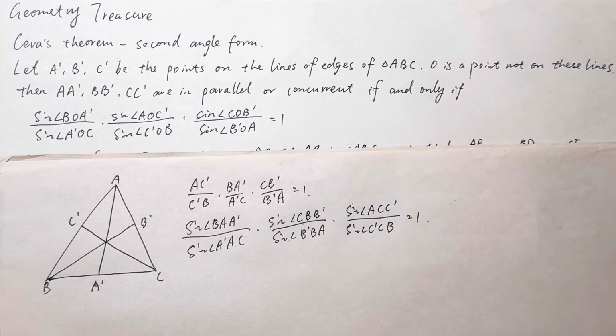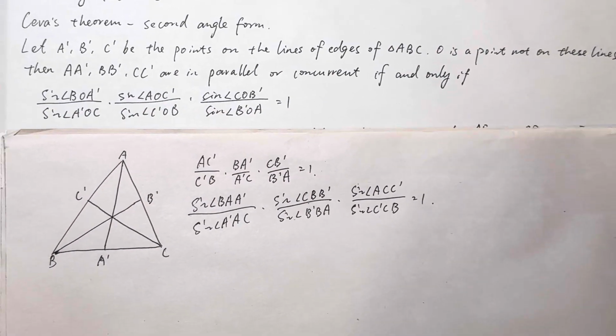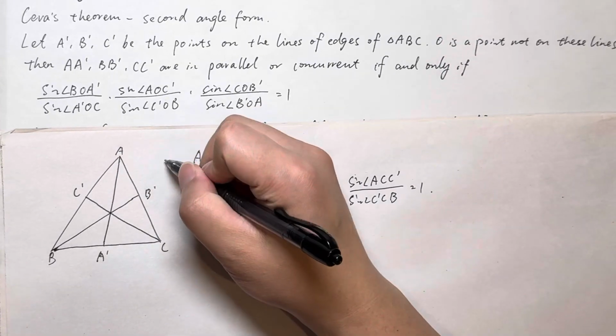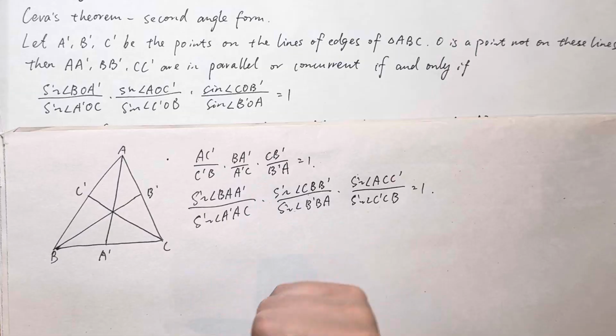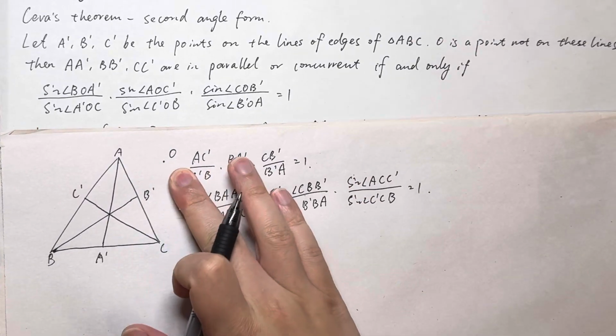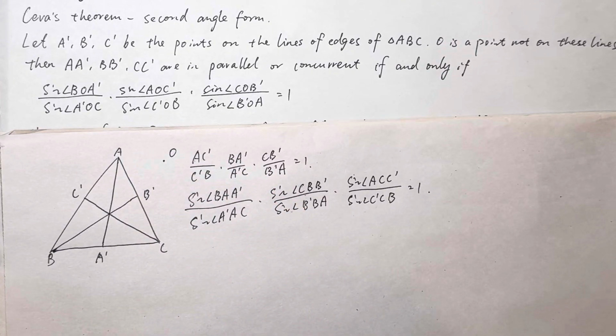And now we are looking at the second angle form of the Ceva theorem, where we have another point O. It's not necessarily outside the triangle ABC, it's just not on the three lines.